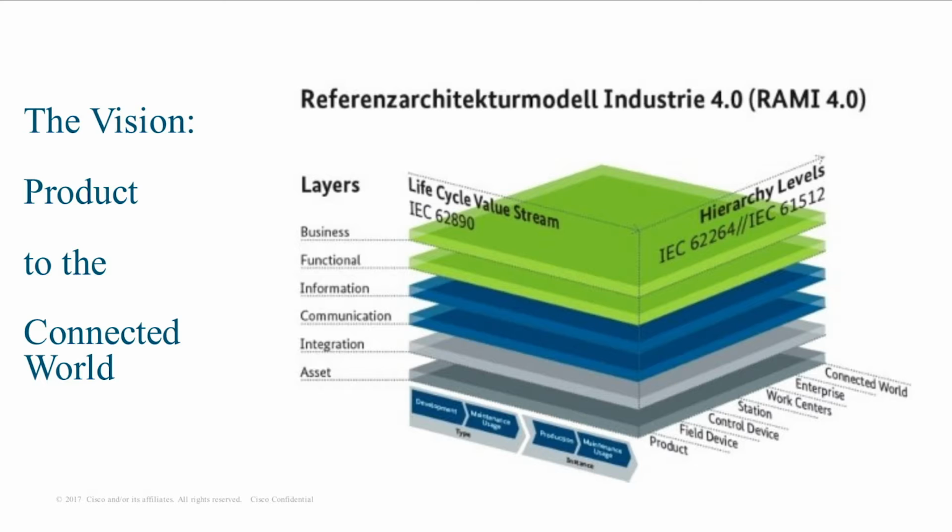But the point here is, if you look at the lower right of this slide, you'll note it has product all the way out to the connected world. And from our perspective, that's actually the life cycle of what we're dealing with. So increasingly, it's not just about the supply chain, it's about the post-production life of that thing after it leaves the factory.